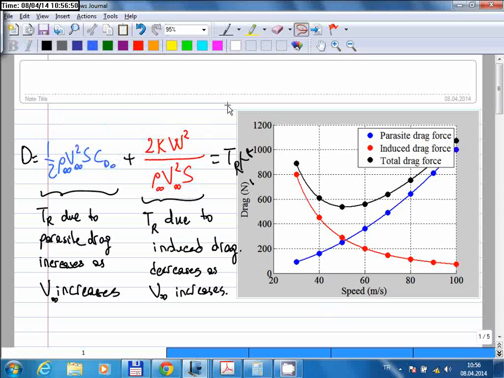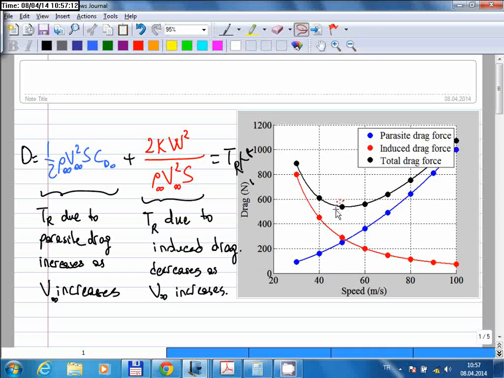And the total thrust required is the sum of these two, which gives you this black curve here. Okay, so if you look at this black curve, you see that it makes a minimum somewhere, right? So if you fly at the right speed, which is this speed for this case, then the drag force, or the required thrust force, is the minimum.